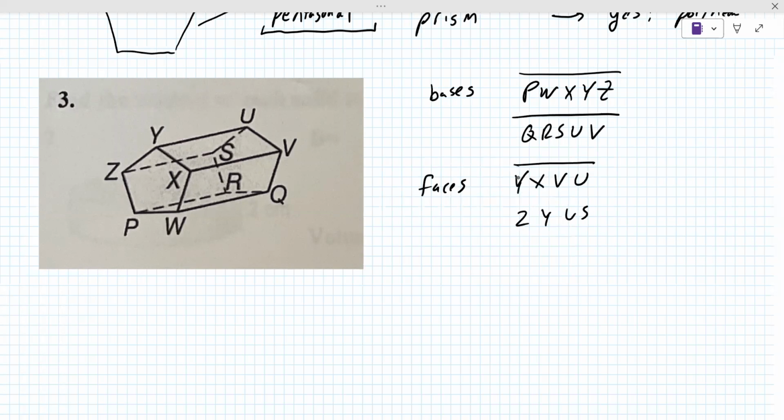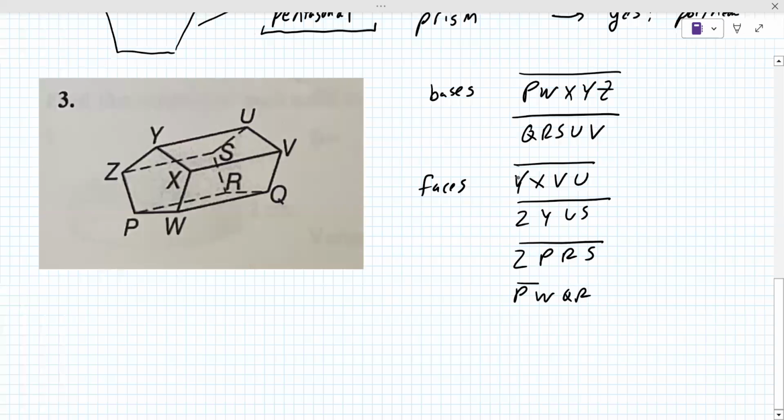It's kind of busy work. And then once you get those 5, you also have the 2 bases to include in your list.